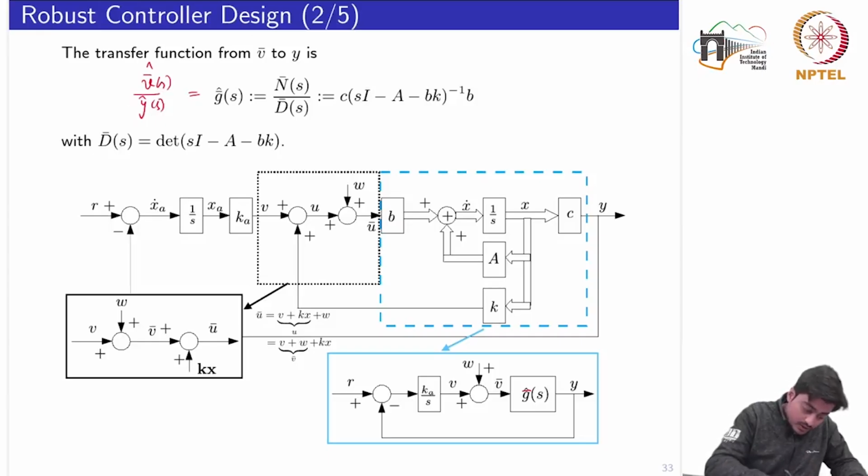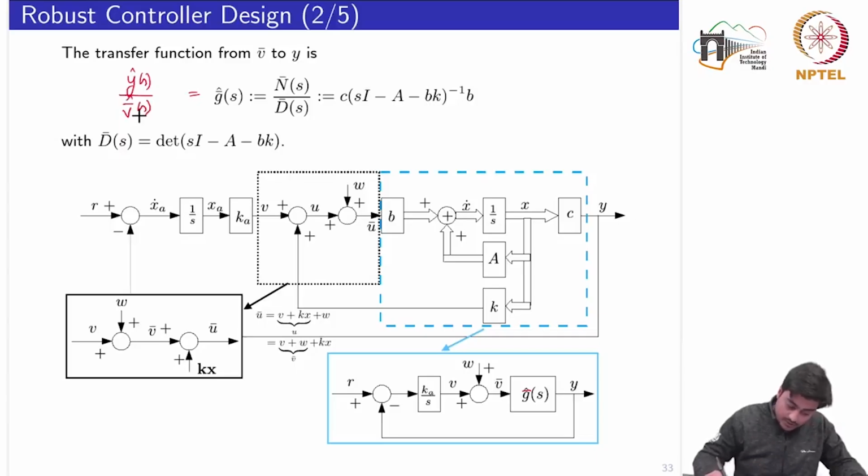So the transfer function between, excuse me, it should be opposite. The output is Y hat of S and the input is V bar hat of S in the frequency domain. So we have replaced from here to this small block G bar hat, whose input is V bar and the output is Y. The rest of the part remains as it is.